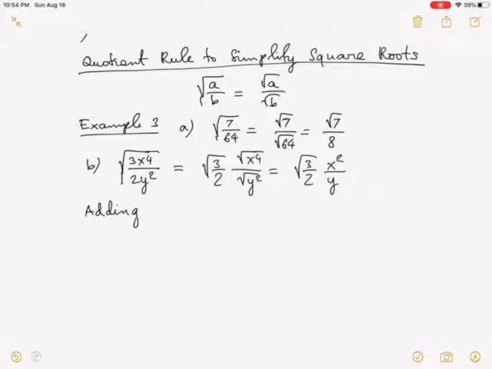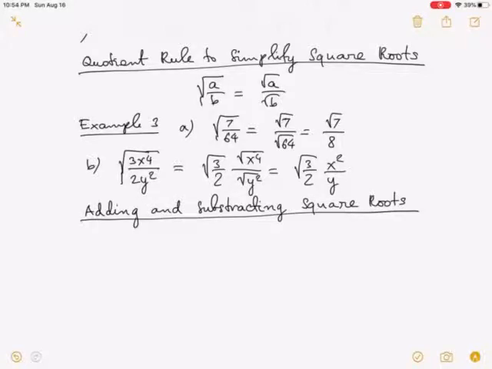So adding and subtracting square roots. If you have the same radicand, then we could add them or subtract them.